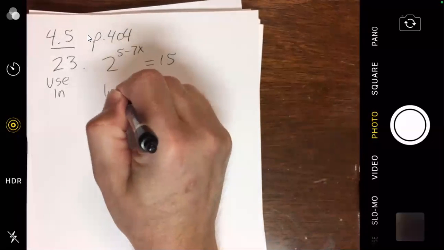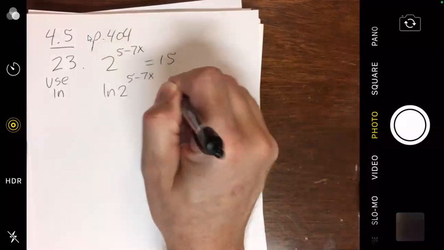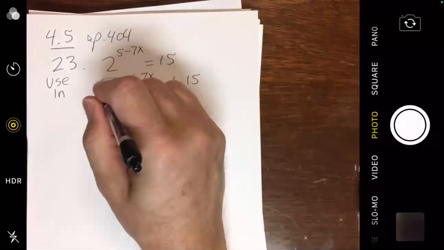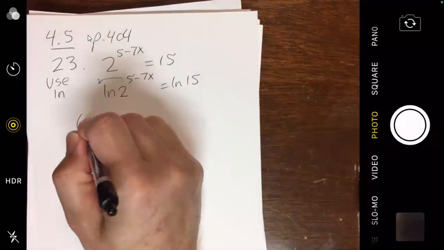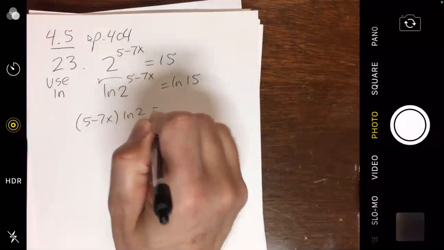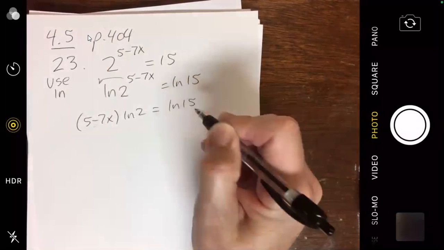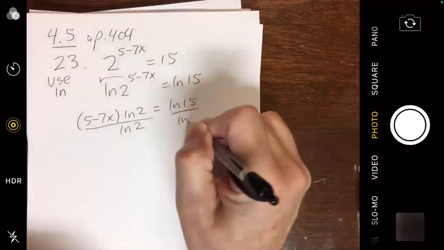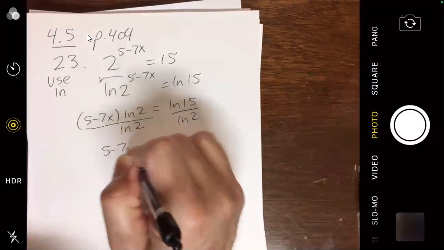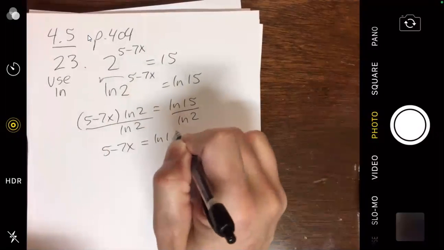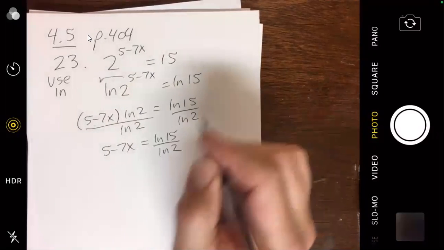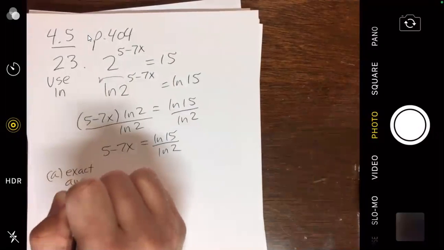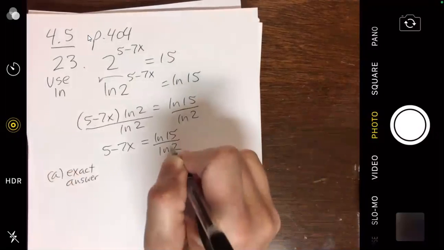So I take ln of 2 to the 5 minus 7x is equal to ln of 15. And I bring this to the front, 5 minus 7x times ln of 2 equals ln of 15. I'm going to divide both sides by the ln of 2. 5 minus 7x then is equal to ln of 15 divided by ln of 2. Part A, they want an exact answer in terms of logarithms.